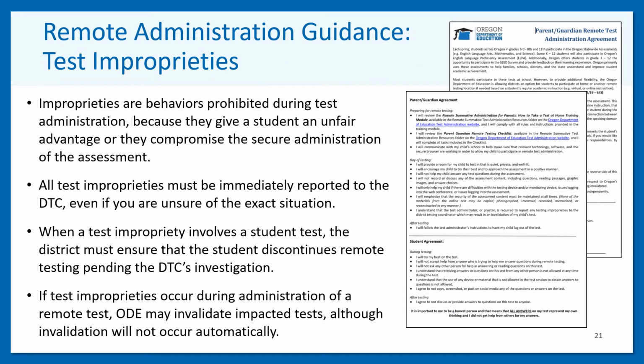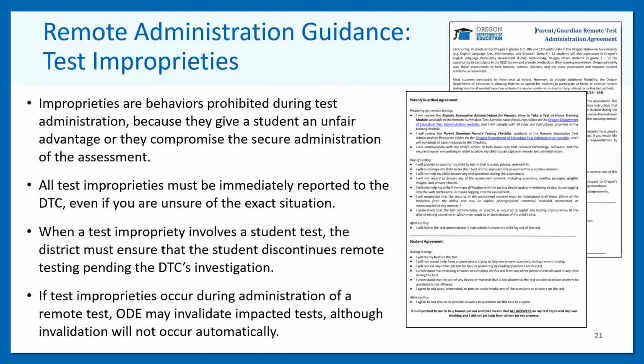Just as with in-person testing, test administrators are also responsible for monitoring testing improprieties. Improprieties are behaviors prohibited during test administration. If a test administrator has observed or identified a testing impropriety based on the actions of a student or their family member, they are to follow the same guidance that is included in the Test Administrator Manual.